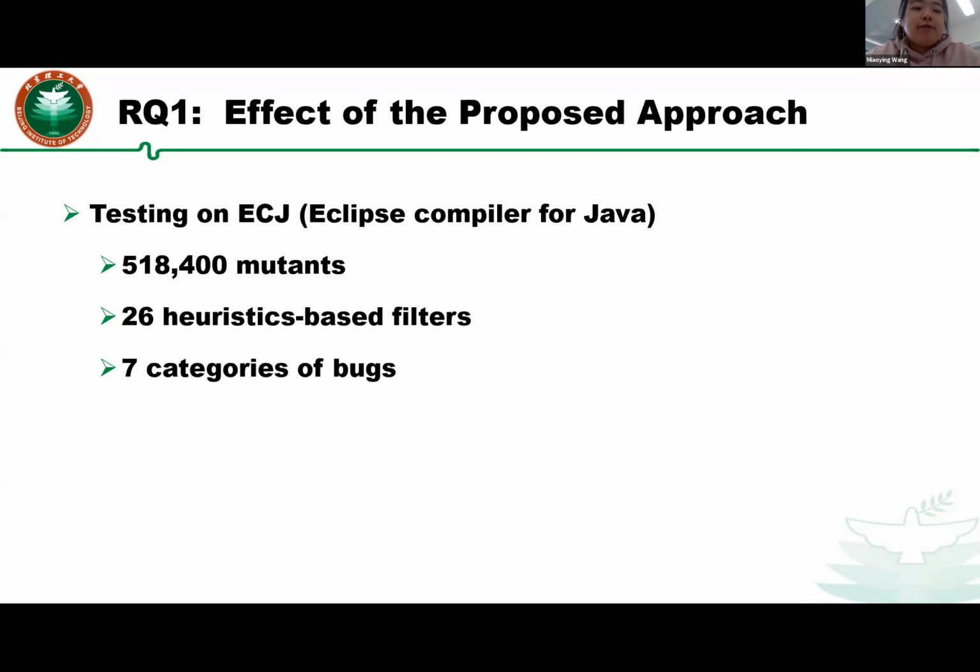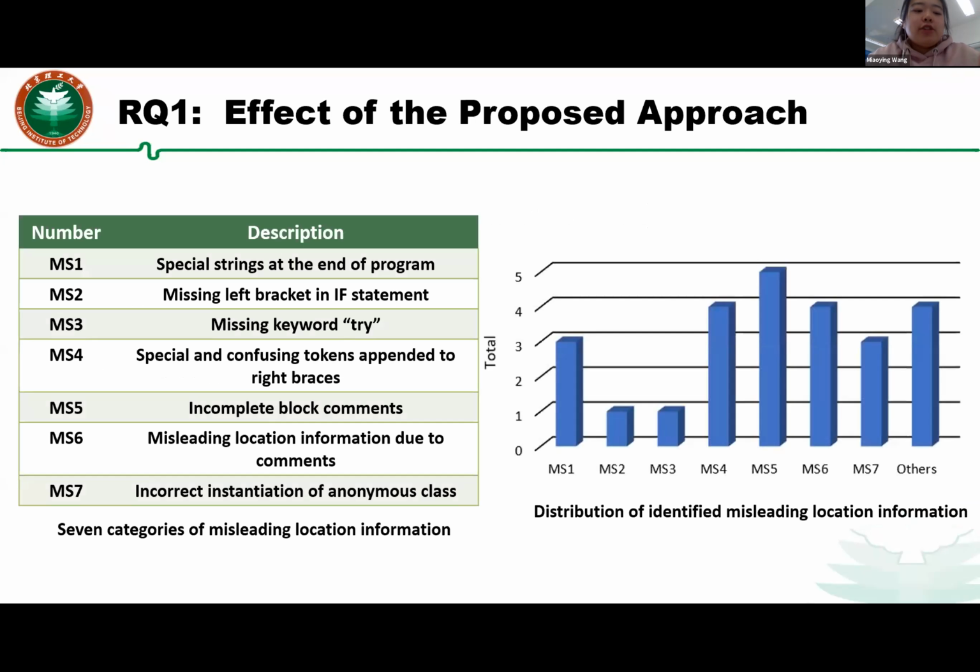And we finally find 7 categories of bugs. The next table describes the seven categories of misleading location information we discovered in ECJ compiler diagnosis. And on the right is a distribution of these bugs.